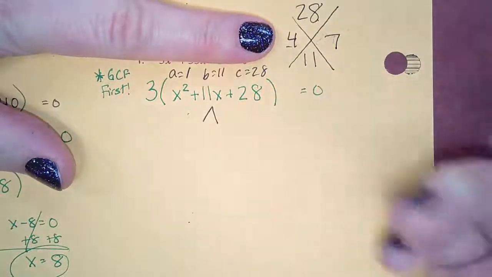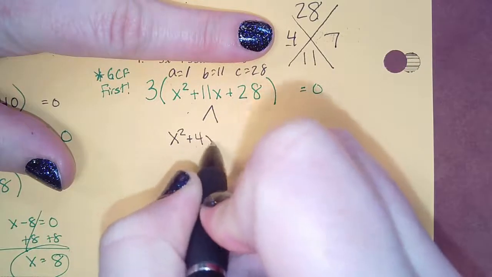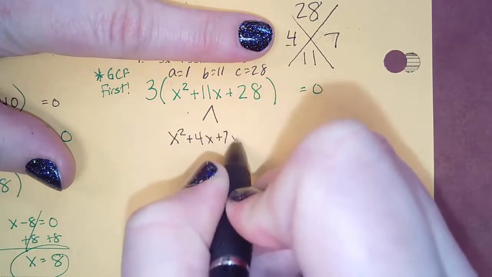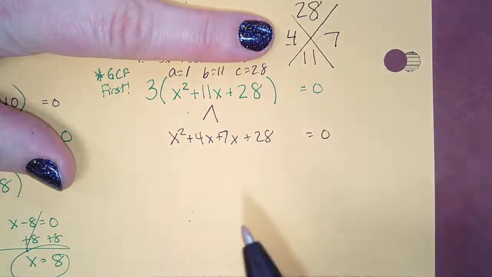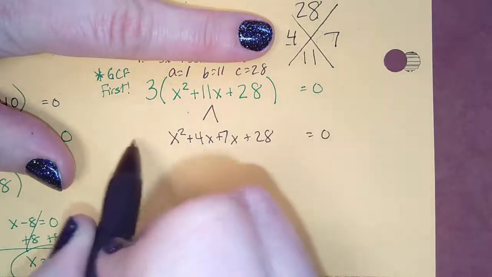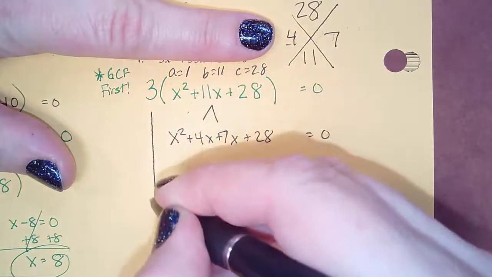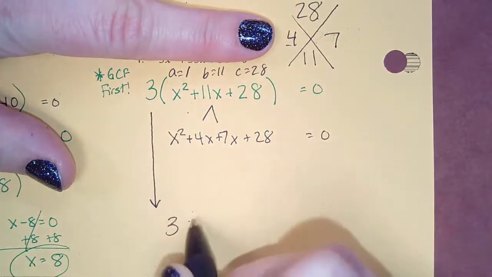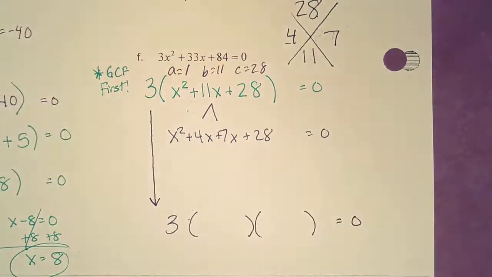Just for practice's sake, let's split our middle term. x squared plus 4x plus 7x plus 28. I need to just leave this 3. I know this 3 out front is going to drop down to my final factoring step, so I'm just going to do that. I cannot just delete it right now.